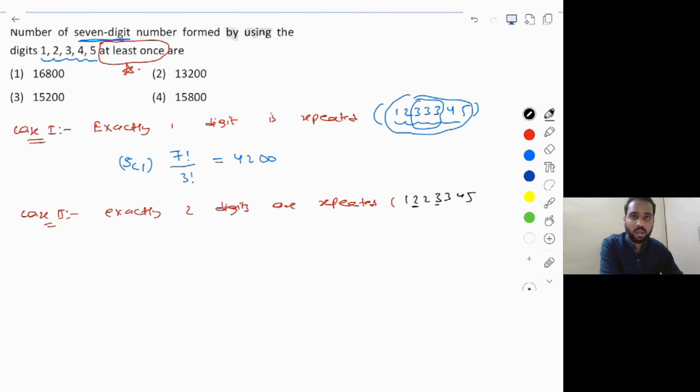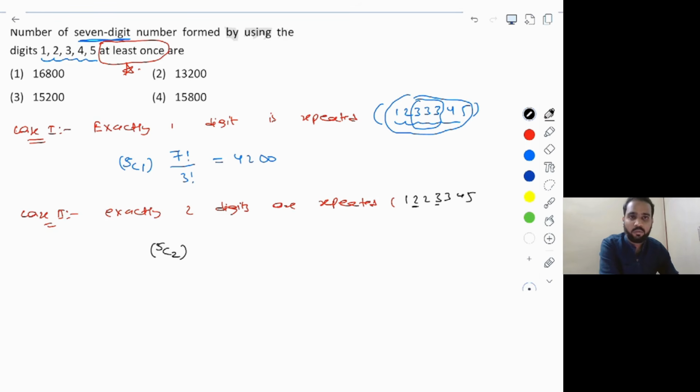Now, in this case, I'm going to take all such numbers. Once again, let's concentrate here. First thing: is it mandatory that 2 and 3 must be picked, which are going to repeat? No, obviously. So definitely you have to pick the two digits which you are going to repeat in the formed number. That is why, out of the available five digits, first pick exactly two of them, which is 5C2.